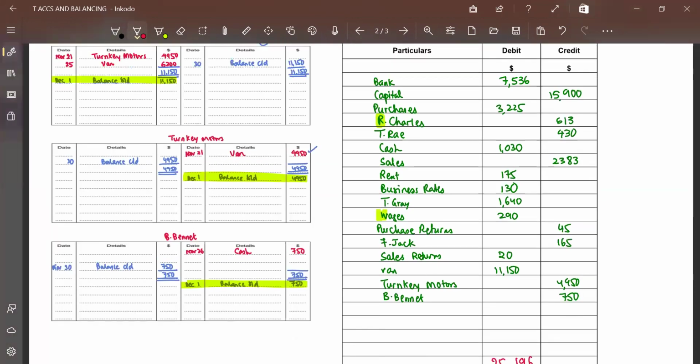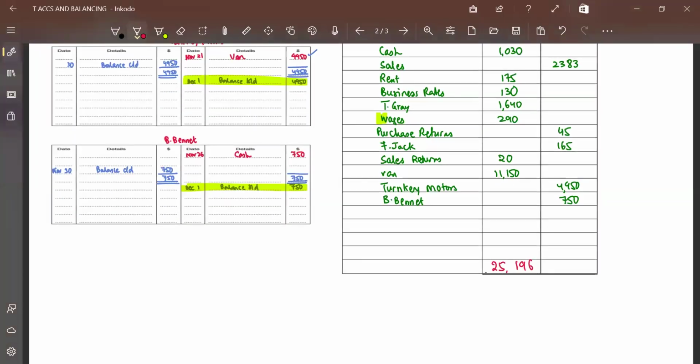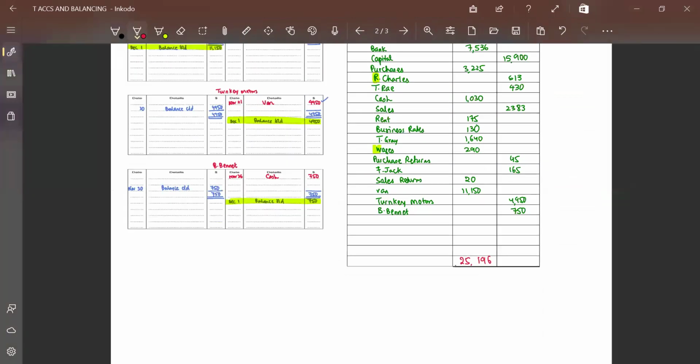Then 15,900 plus 613 plus 430 plus 2383 plus 45 plus 165 plus 4950 plus 750. So what's the difference on it?